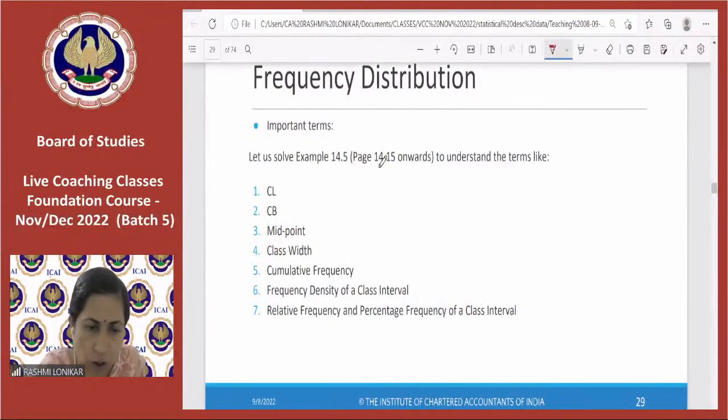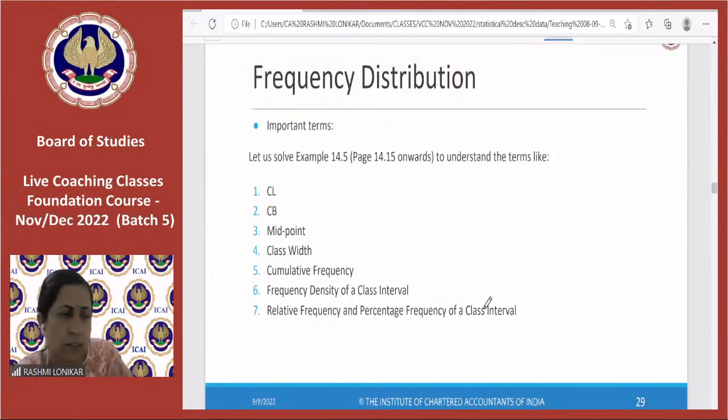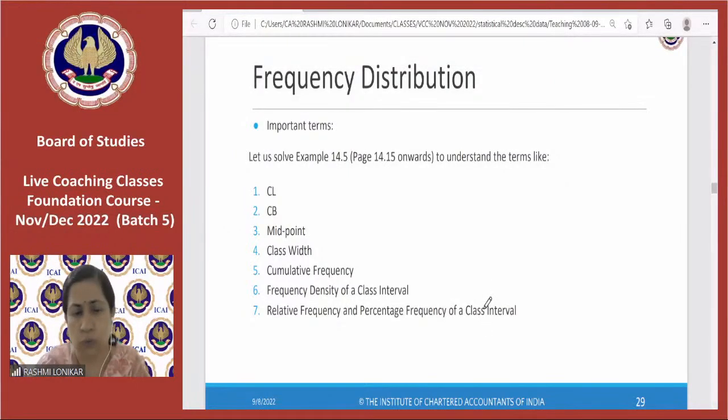We are going to solve example 14.5 on page 14.15 to understand terms like class limit, class boundary, midpoint, class width, cumulative frequency, frequency density of a class interval, relative frequency, and percentage frequency of a class interval. All these terms that are new to you, you will understand once we start trying to solve the problem.